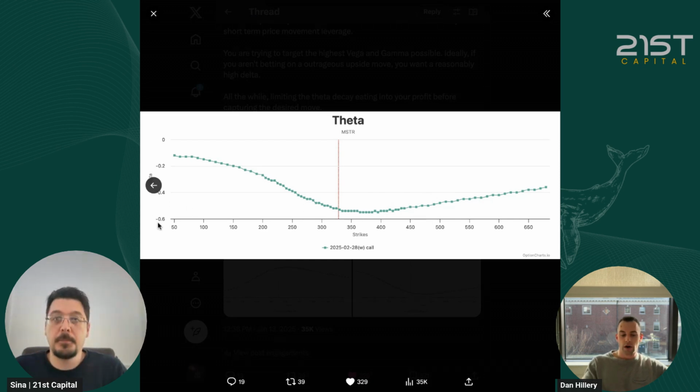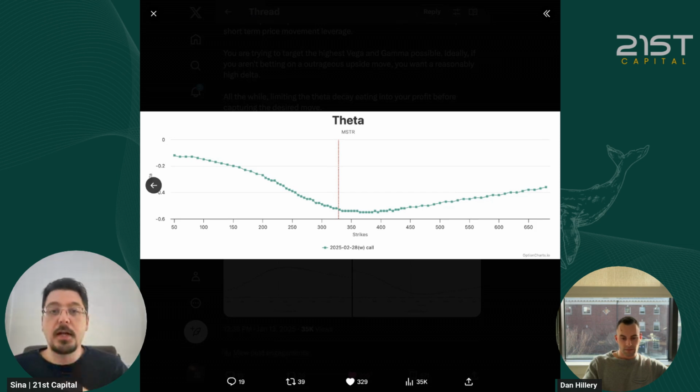The value of one contract will drop by 0.6 for every day that passes. So you need to make a decision here. Do you want to hold it? Are you betting on a near-term move? If you're not betting on a big jump to the upside, then all you're doing by continuing to hold that contract is eroding its value for the next month or so. So just something people need to consider.